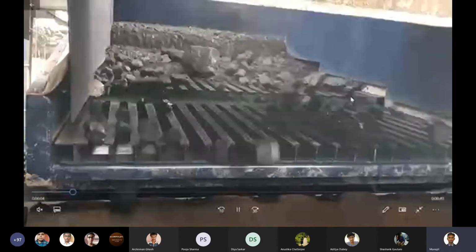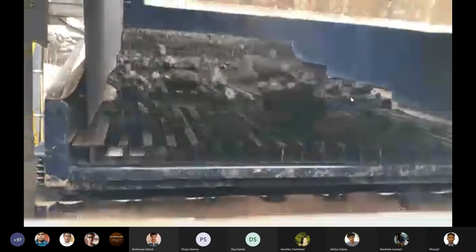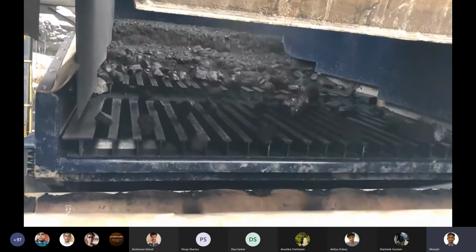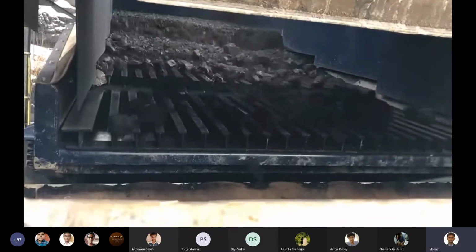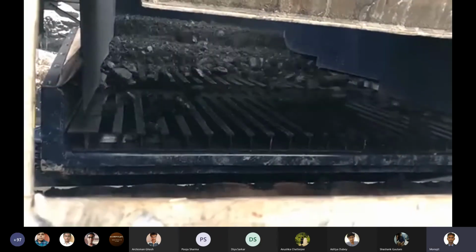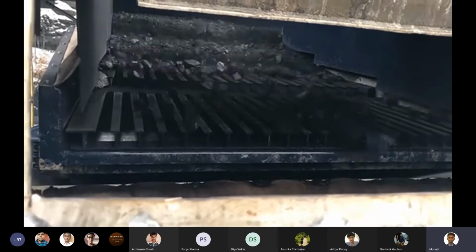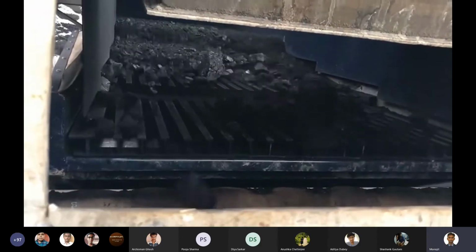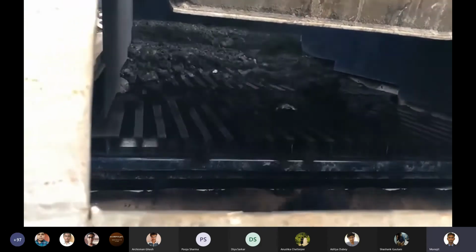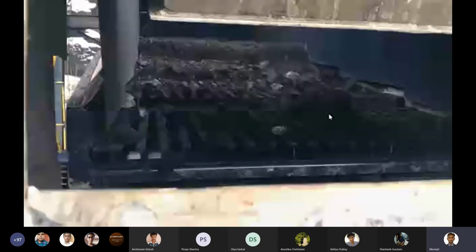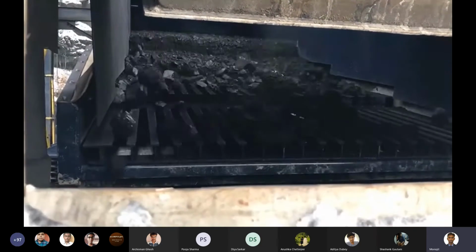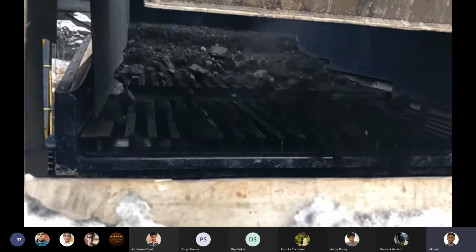See, it has a staircase type of platform, and you put the mixture on the top of it, and gradually you have openings. The smaller particles will pass through, and the bigger particles will be retained on top of the screen, which will come from one side. This is one type of industrial screen known as grizzlies.